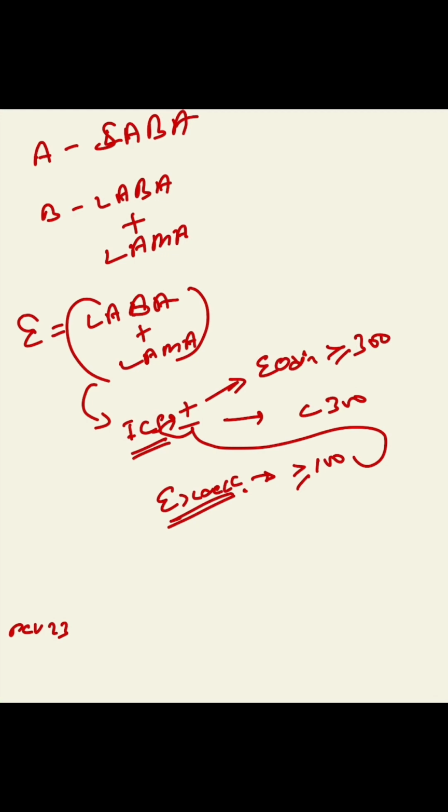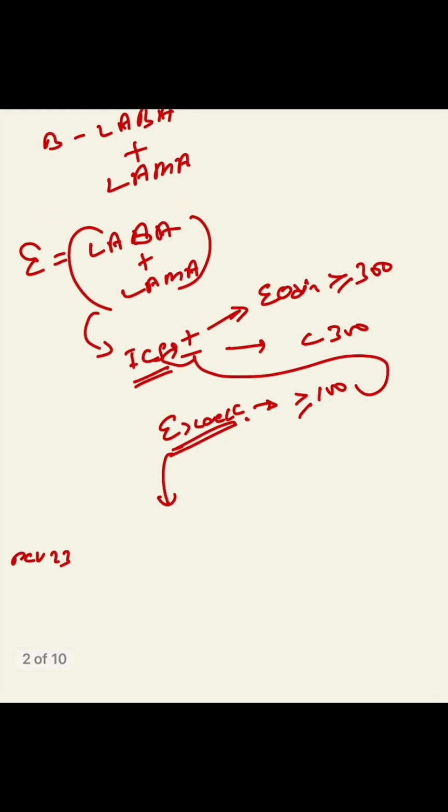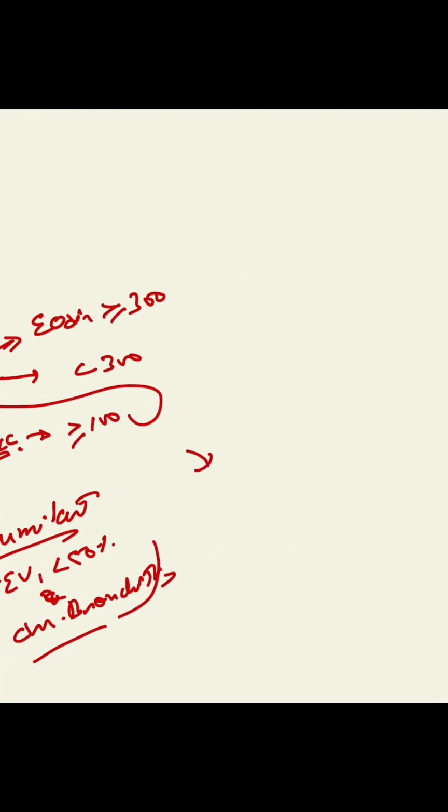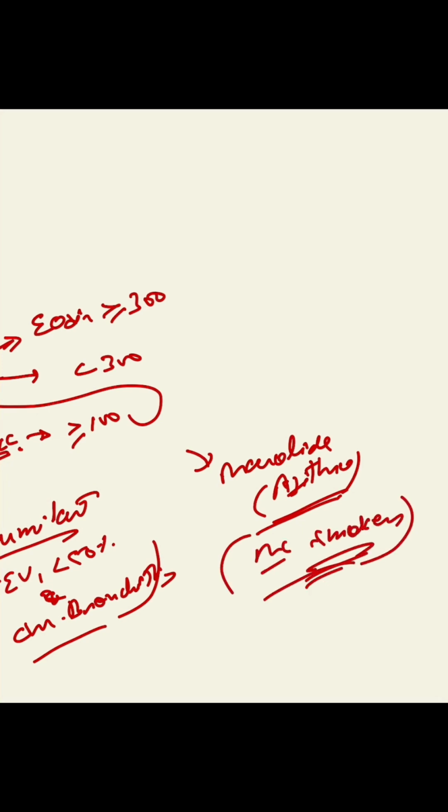But at the time of exacerbations also, we can choose to go with roflumilast, that is a phosphodiesterase 4 inhibitor, in patients with FEV1 less than 50% and chronic bronchitis. And we can also add a macrolide like azithromycin. Most commonly it is used in smokers, right? So this is the primary change which has been introduced in the 2023 guidelines.